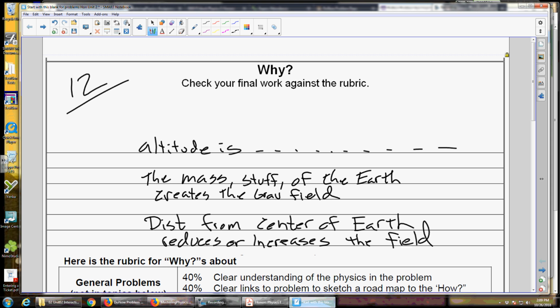Okay. Let's see. So I know it's about the Earth. I know the mass and how far I am from the center of the Earth matter, and I made sure I understood what altitude was. I could do a little picture here, if I wanted to, because I've got the Earth here and my little satellite here.